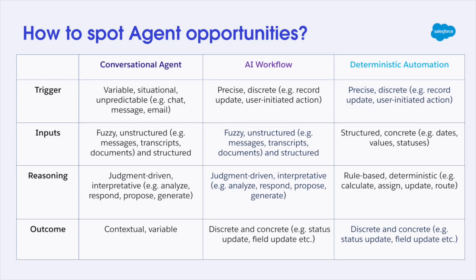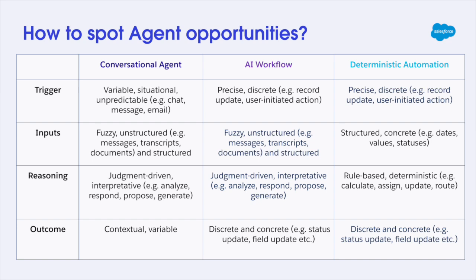It more or less looks like this. If you have a variable, situational, unpredictable trigger, something like a user starting a chat or sending an email, something that cannot be predicted, you definitely need some sort of user interface, a conversational agent.